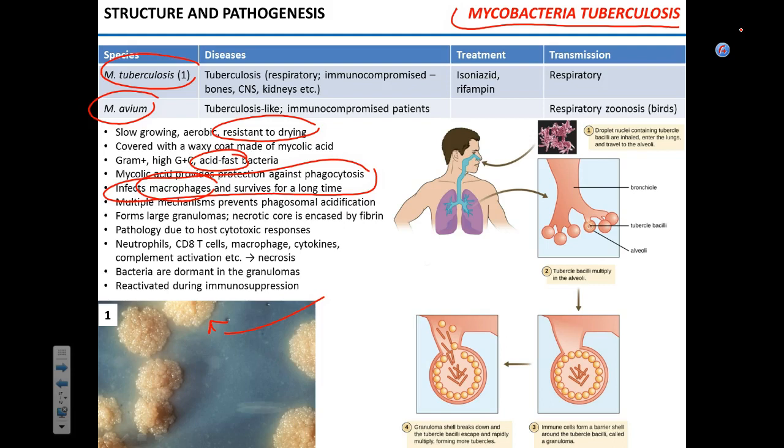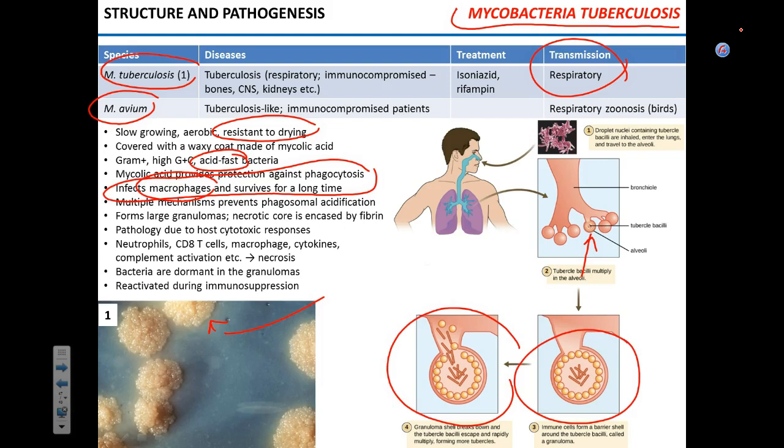Now, here's what happens during the infection. Usually, as you probably know, the main route of transmission, the overwhelming route of transmission for Mycobacterium tuberculosis, is respiratory, from person to person. Okay? So when bacteria enter the alveoli, it forms a granuloma.